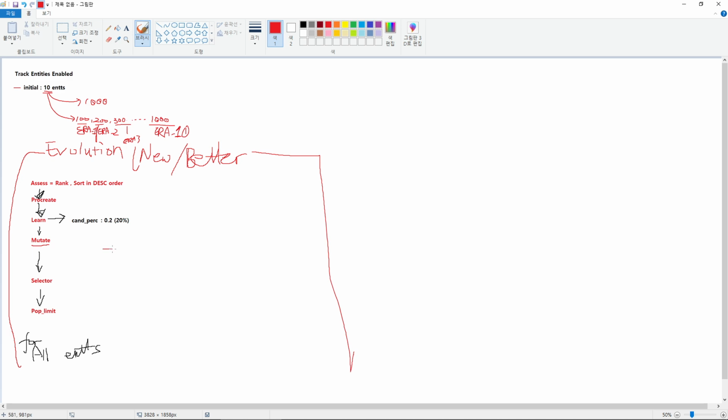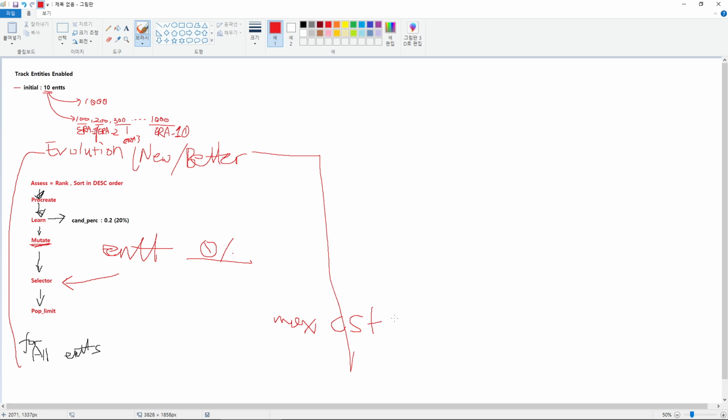So an entity with an individual mutation rate of 0% still goes through the mutate function. So it's still all the entities going through, and after that, all the entities would also go through the selector function to decide whether or not an entity gets struck out, as in goes over the maximum constraint.